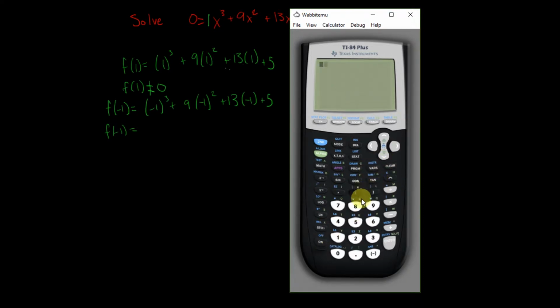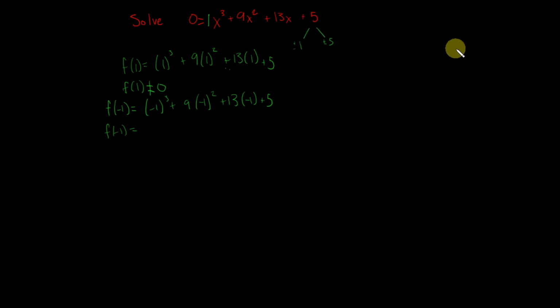So let's do negative 1 to the power of 3 plus 9 times negative 1 squared plus 13 times negative 1 plus 5. Okay, this one does equal 0.